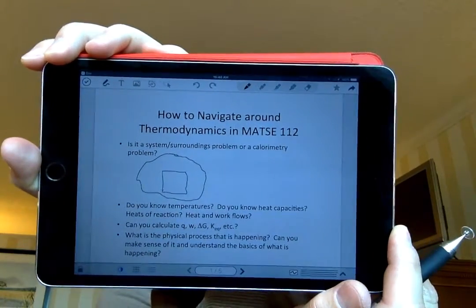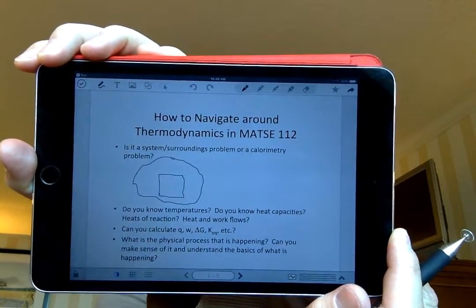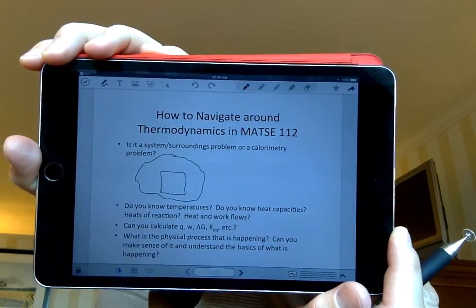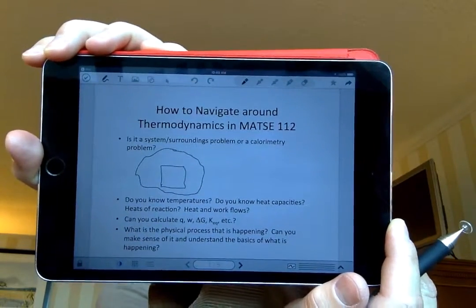That should look familiar to you, so you can fill in what the system is and what the surroundings is and the resulting variables. Of course, the surroundings temperature never changes, as we discussed in the last class, so keep that in mind.